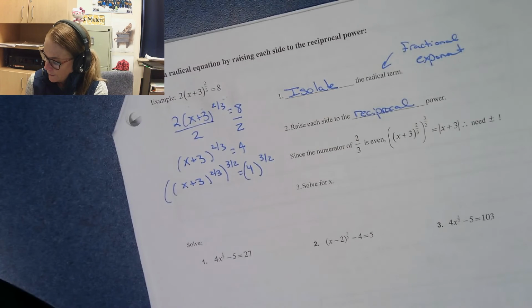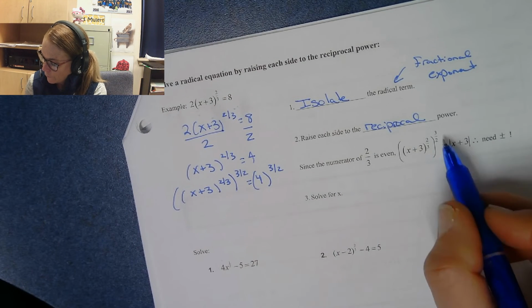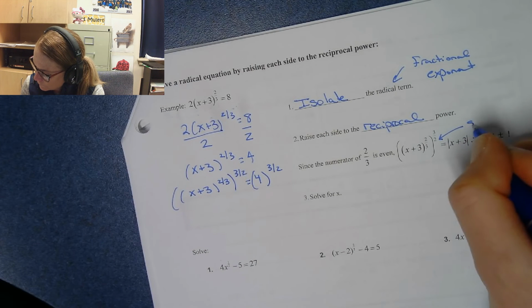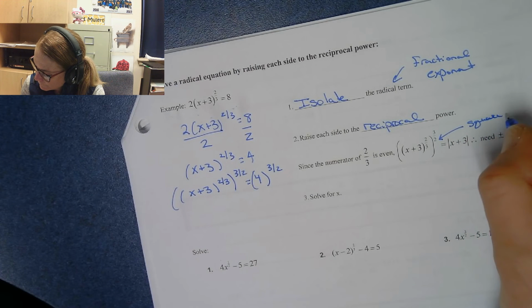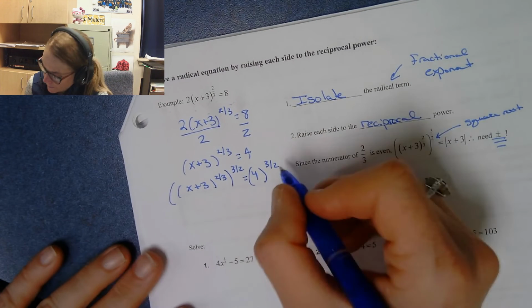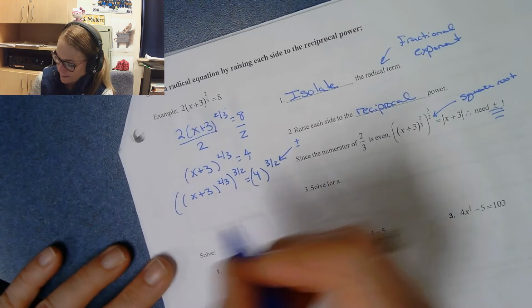Okay, so if the numerator of 2 over 3 is even, then you're raising it to 3 over 2, and so this is a square root. And when you take the square root of both sides, when you put the square root into the problem, you have to do the plus or minus. So because this is a denominator, I'm going to need to use the plus or the minus here. So what does that look like?